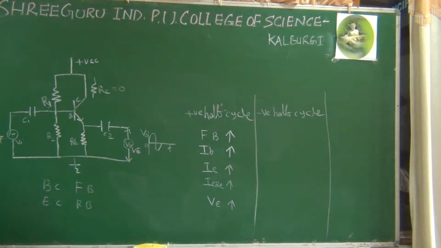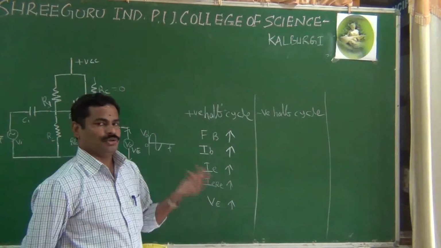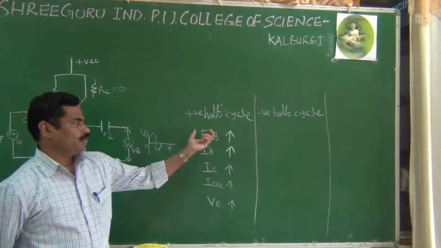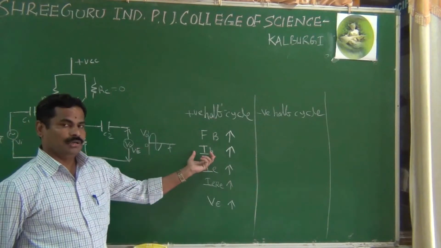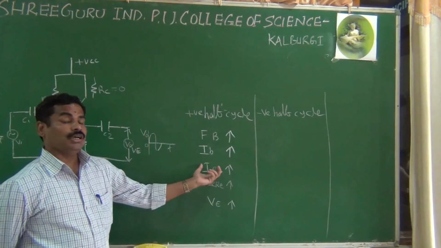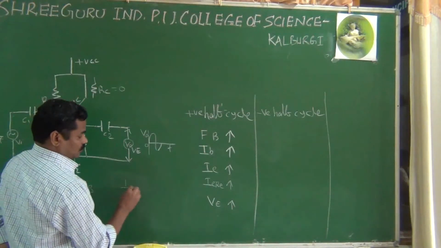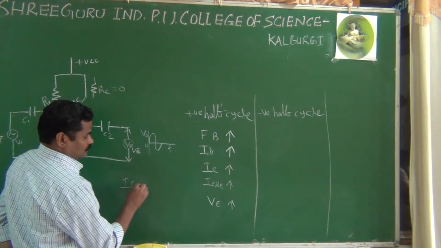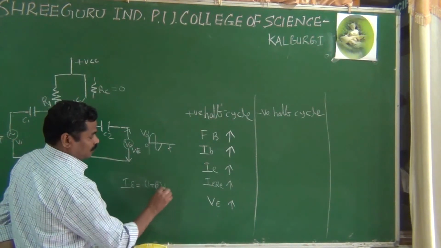Once again, very simple. If you are applying the positive half cycle, your VB is positive, because the input voltage is positive. The forward bias increases, and once the forward bias increases, the input current IB increases. If IB increases, IE also increases, and you can write the relation IE is equal to 1 plus beta into IB.